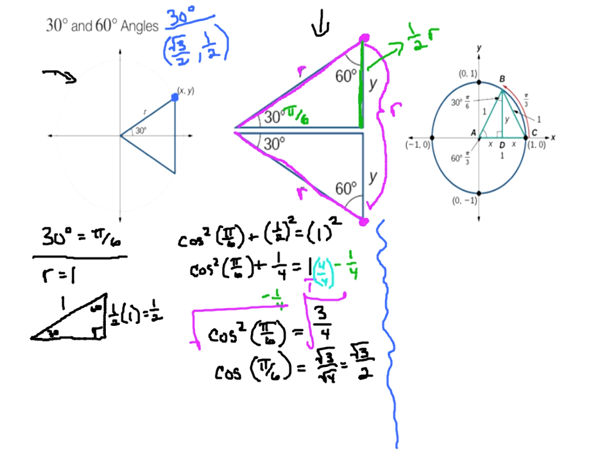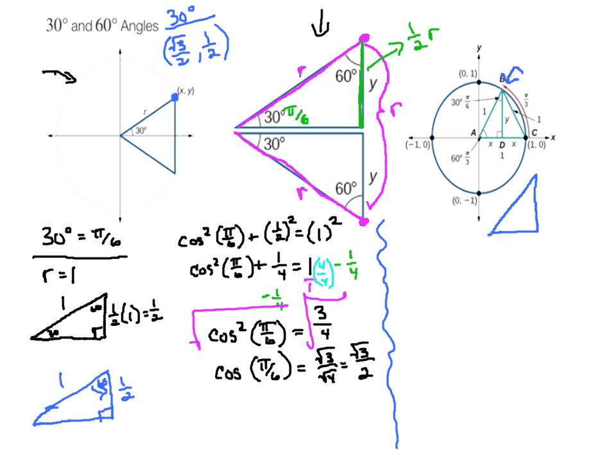Well, we can have the same picture here, except it's the 60-degree angle I'm worried about this time. I still know that this is 1, and I still know that this is 1/2. But instead of that 1/2 representing sine, it now represents cosine, because this is how that angle would be situated in my unit circle.